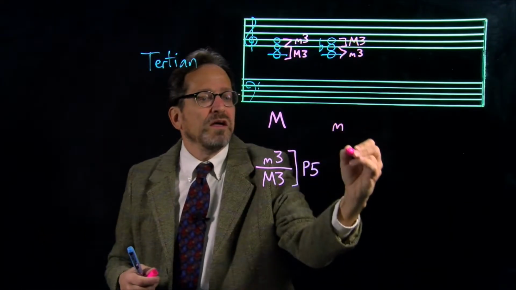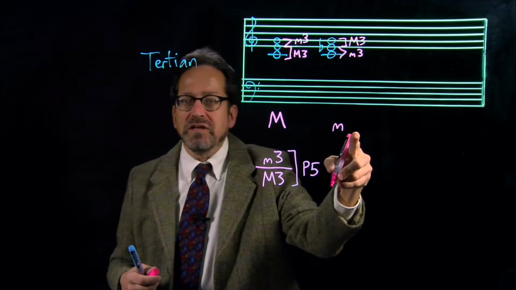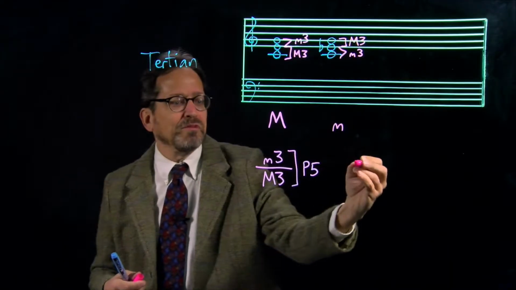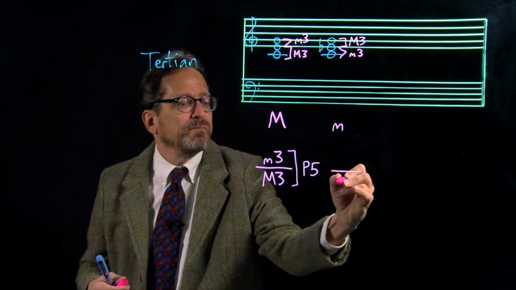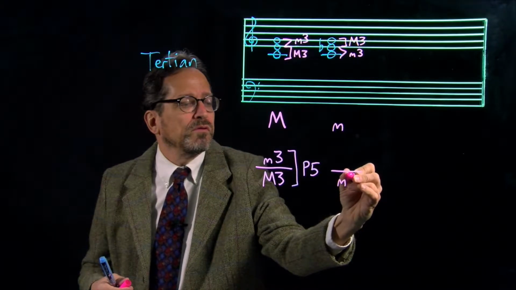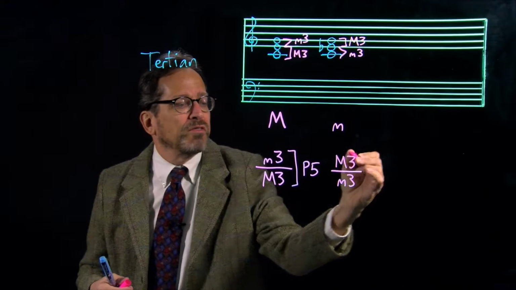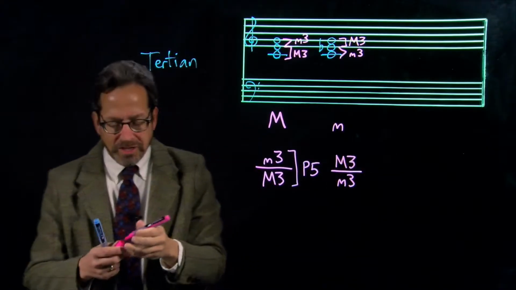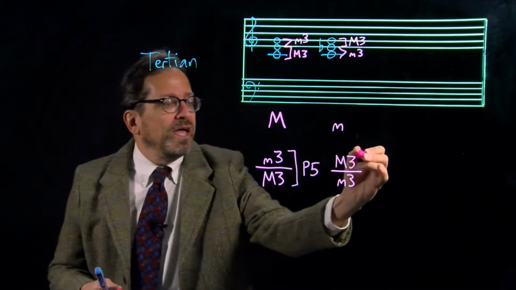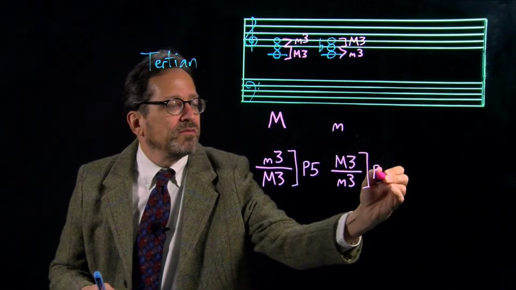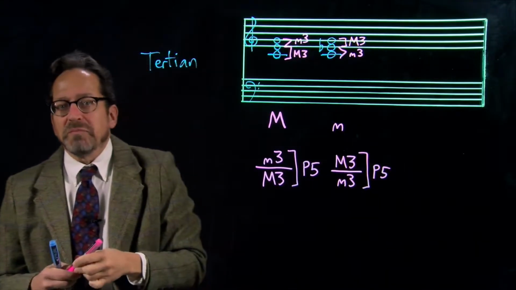This is a minor triad, and we write that with a small m to indicate minor. We end up with a minor third below a major third. And again, the boundary tones make up a perfect fifth.